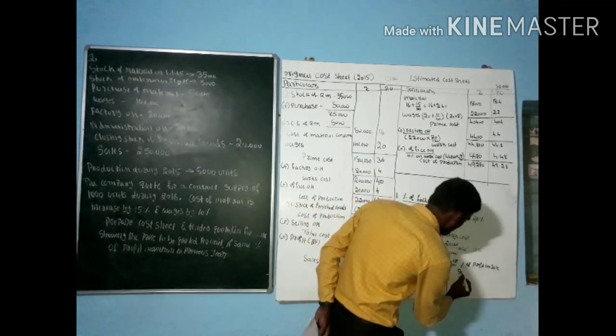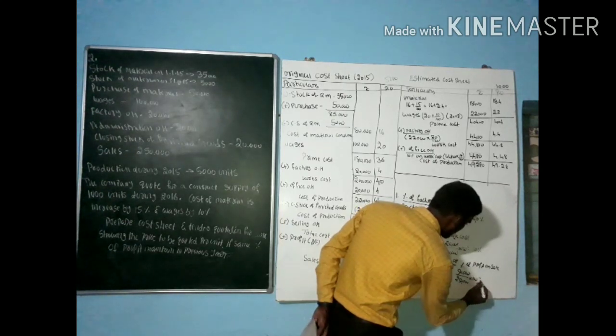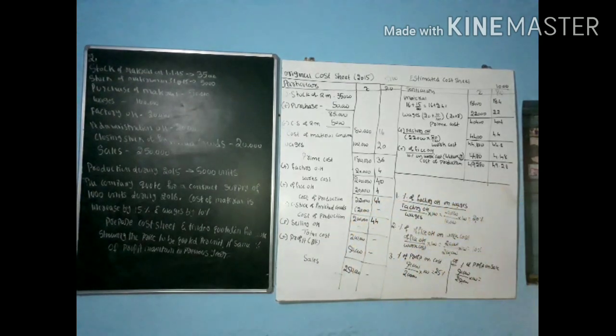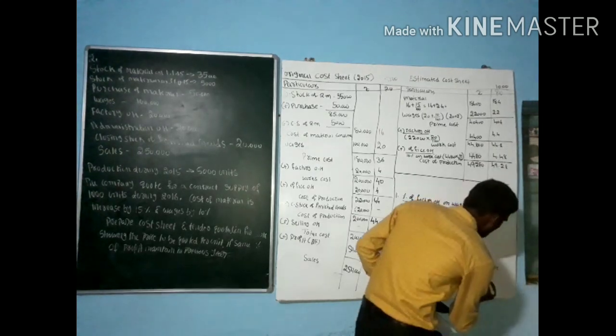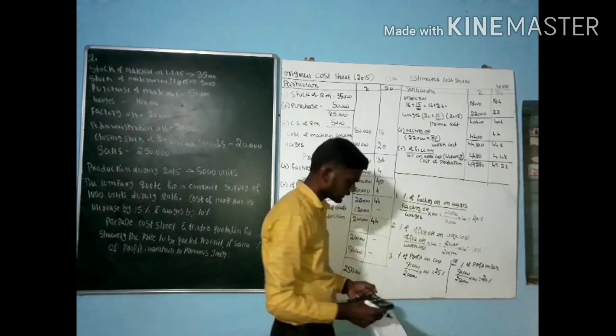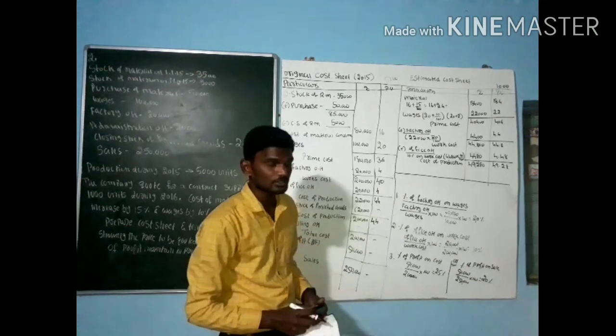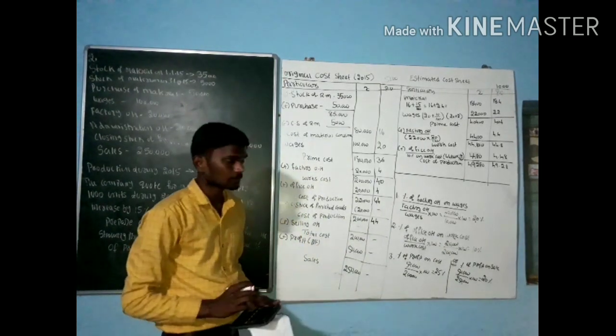That is 50,000 divided by 2 lakh 50 into 100, which is 20%. Whereas here we are getting 25%, and when we come to sale we are getting 20%. How is it possible to get different answers?